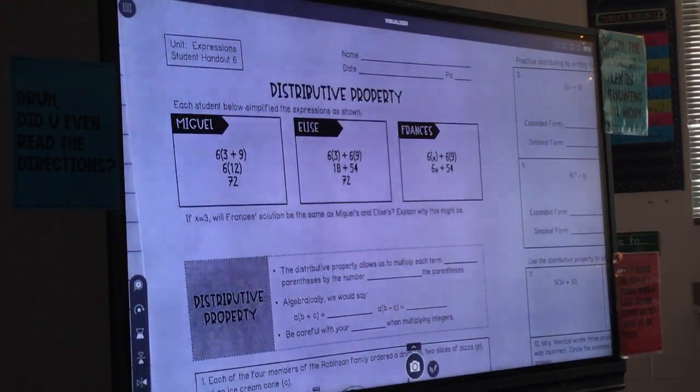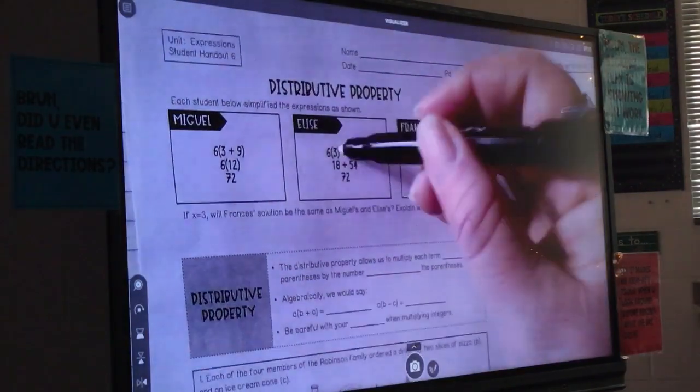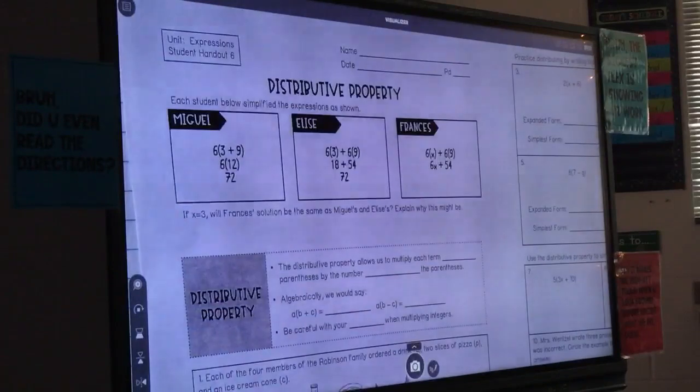So do they multiply 6 times 3 in the first one? Do they multiply 6 times 3 in the second one? Are you sure? What does parentheses mean? So did they multiply 6 times 3? And then in the last one, did we multiply 6 times 3?